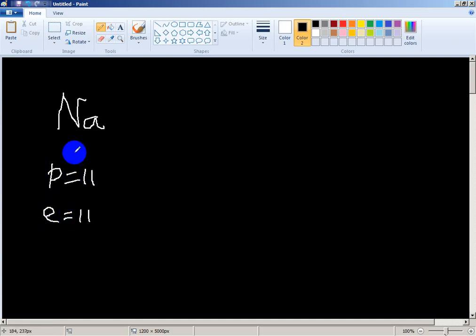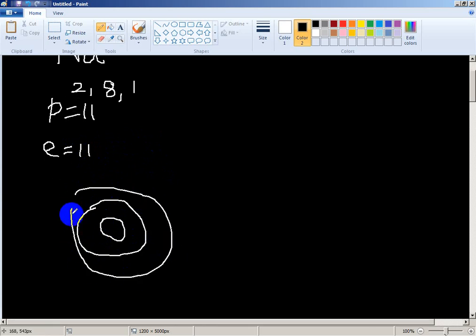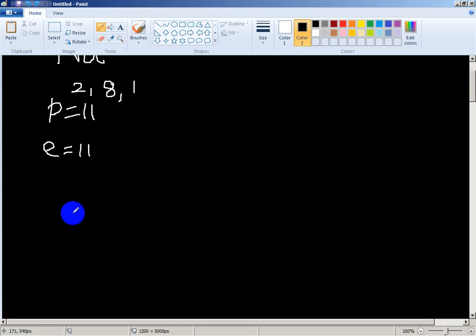The electronic configuration is 2,8,1, and it loses one electron. So how many electrons will sodium lose from the outermost shell? One electron. We write only the outermost shell.